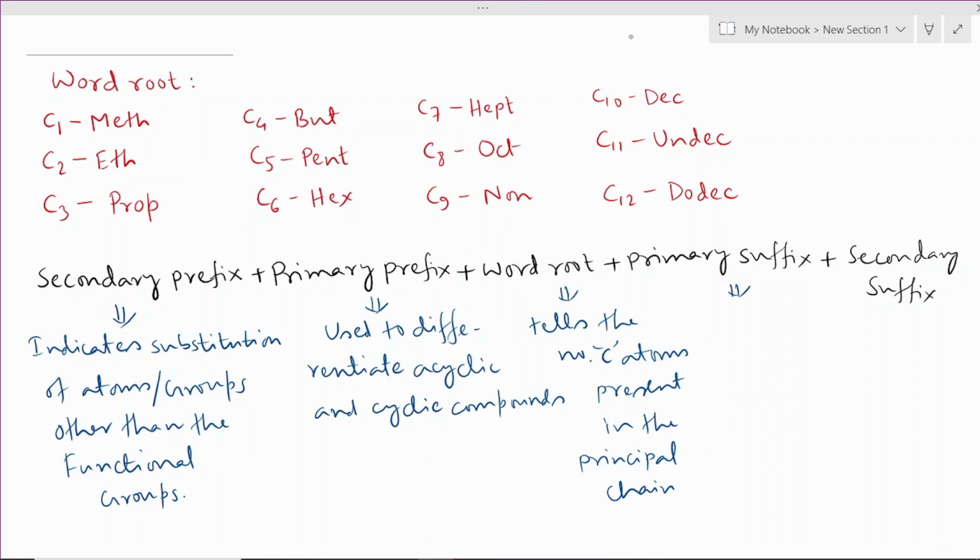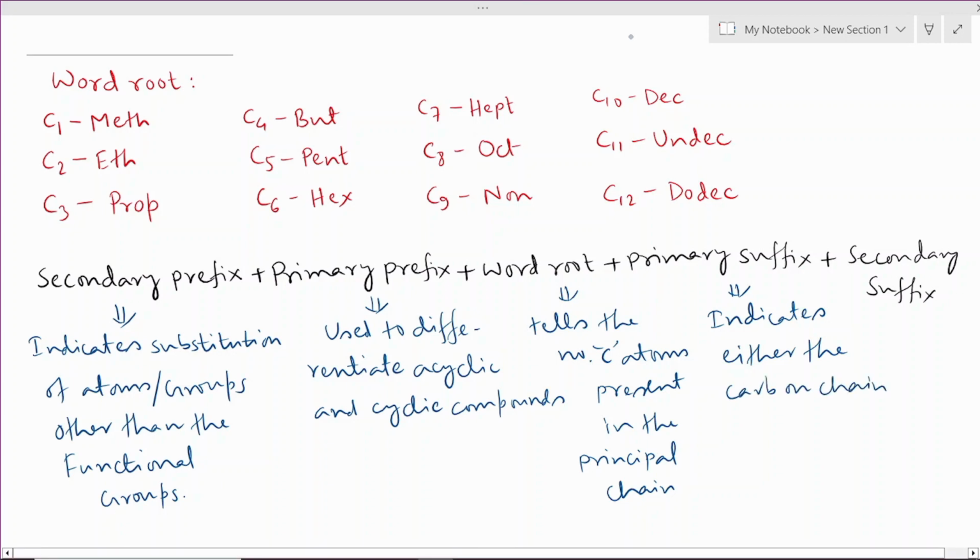Primary suffix indicates either the carbon chain is saturated or unsaturated. And secondary suffix tells the presence of functional groups.